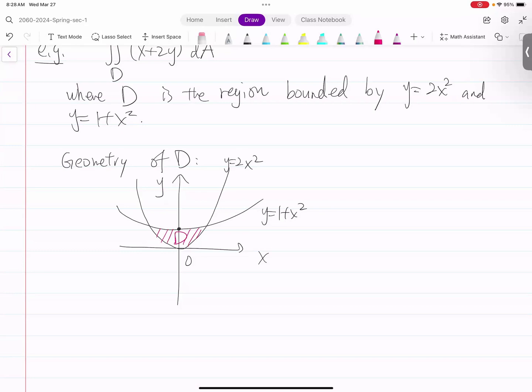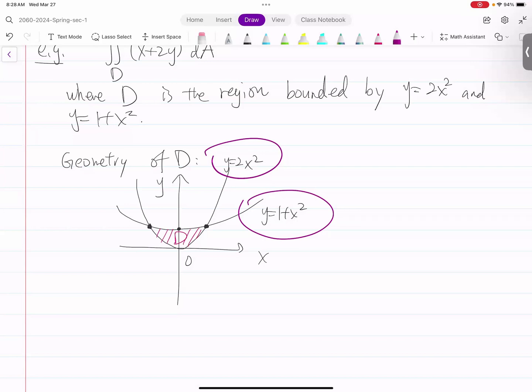So here we notice that as long as we know where these two curves intersect, then okay, we can do this as a type 1, right? Because obviously we have a function in terms of x, another function in terms of x. So they are the trivial lower and upper bounds for the y value.